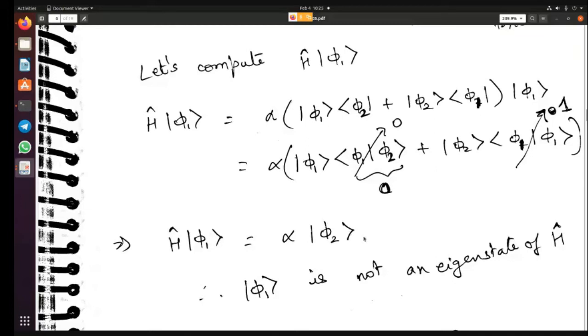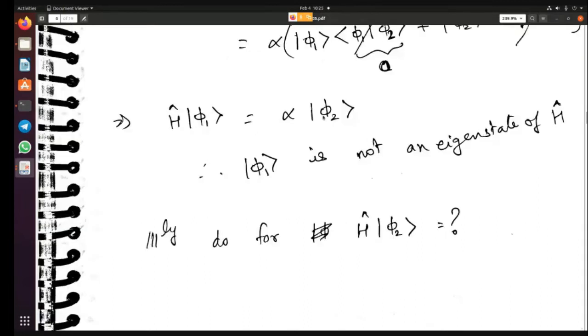You're not getting back the same vector. So phi 1 is basically not an eigenvector of h. Similarly, you should do for h phi 2 and see whether phi 2 is an eigenvector of h or not. You can do it in the same manner and proceed.